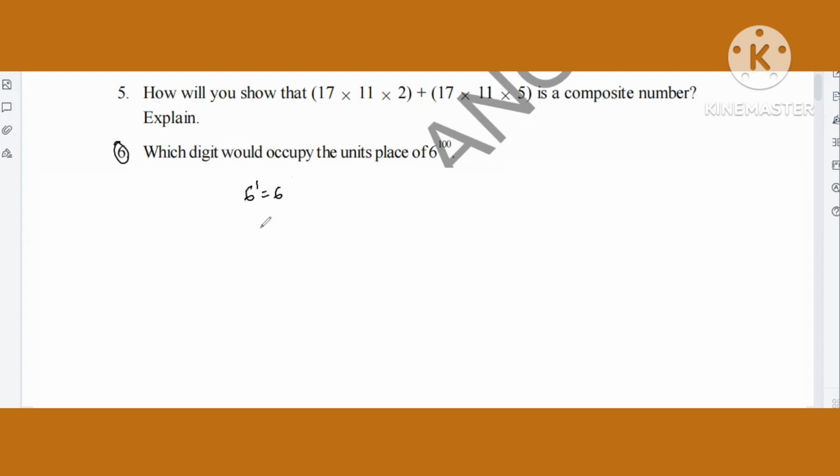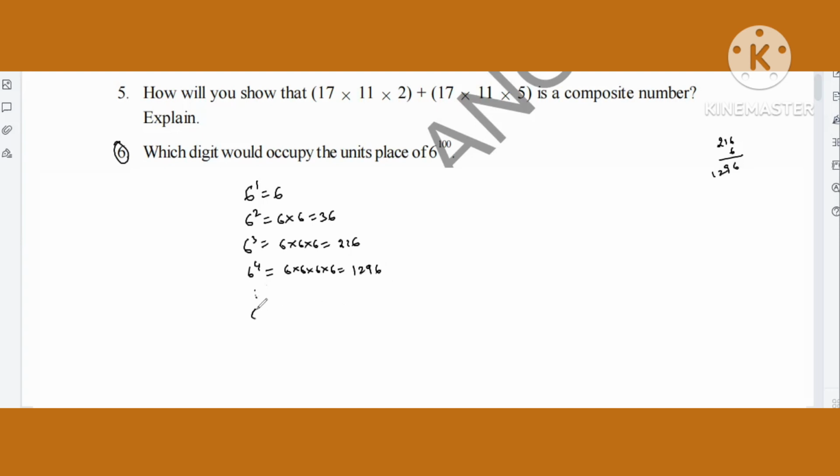What do you get? 6 square, 6 into 6, how much is it? 36. 6 cube, 6 into 6 into 6, that is 216. 6 power 4, 6 into 6 into 6 into 6, that is nothing but 216 into 6, that is 1296.